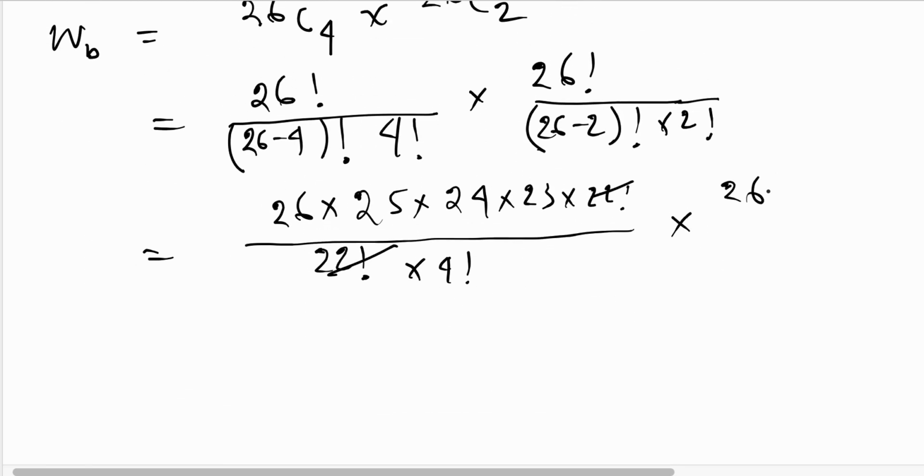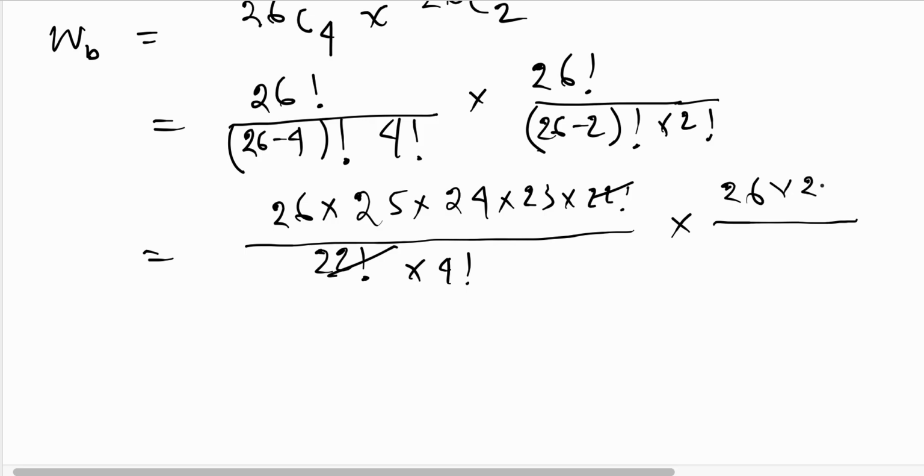Now here it is 26 factorial by 25, because 24 factorial is 2, and 2 factorial means actually 2, so that's there.